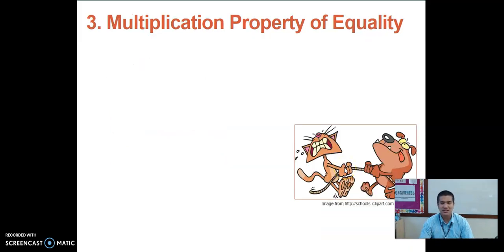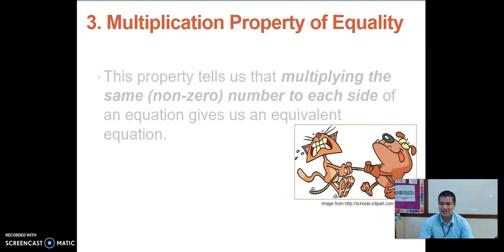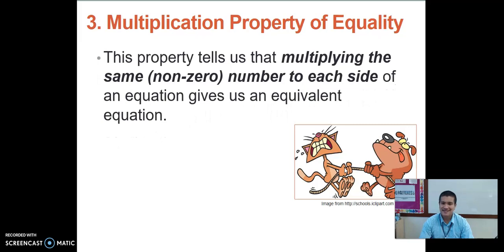Now the multiplication property of equality. This property tells us that multiplying each side of an equation by the same non-zero number gives us an equivalent equation.